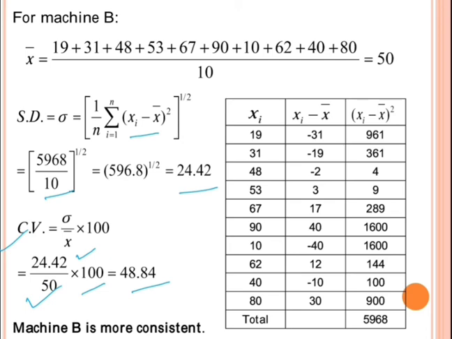Now, whichever machine has the lesser coefficient of variation will be more consistent. So here the CV value of machine B is lesser than that of machine A. So we can say that machine B is more consistent and its performance is better.